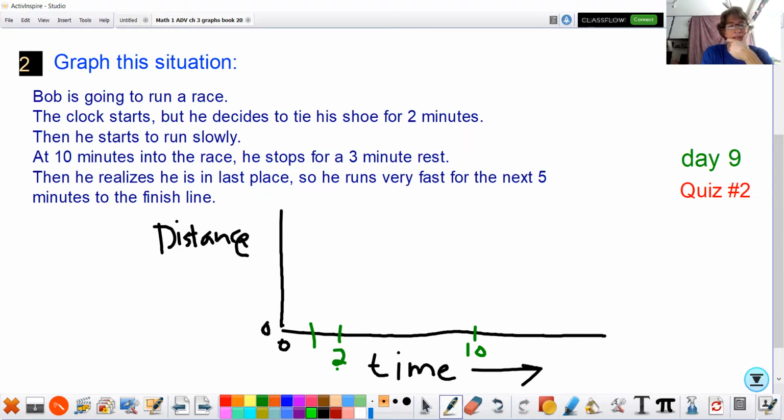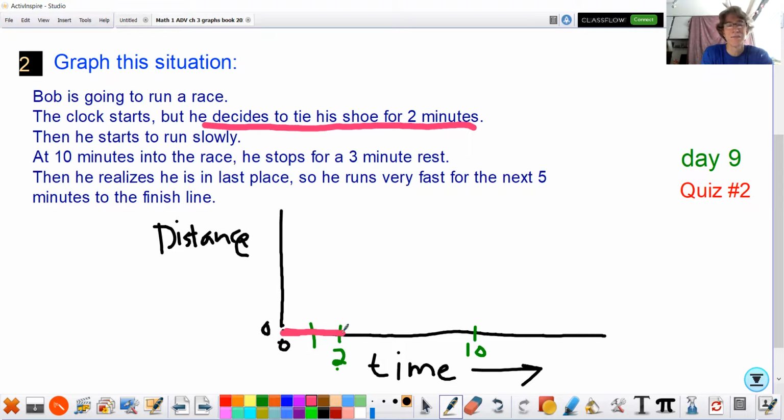The clock starts. Does he go anywhere? Let's get a color here. I'm going to make a nice big color so we can see it. So bang, there's the clock. Run. Okay, what are you going to draw? Does he go anywhere? He decides to tie his shoe for 2 minutes. So the clock's ticking. I'm trying to draw here. His distance isn't changing at all, is it?